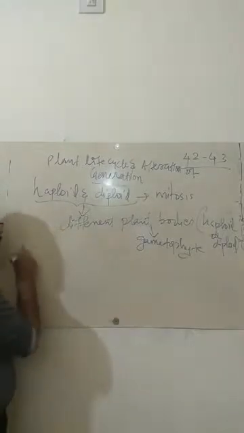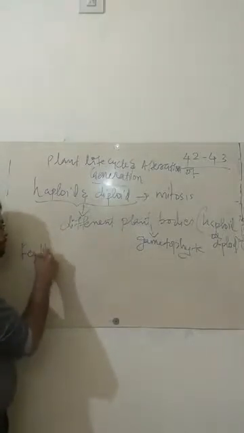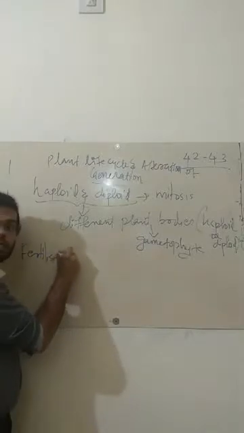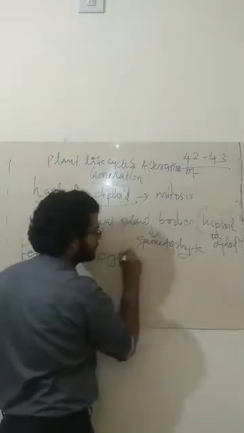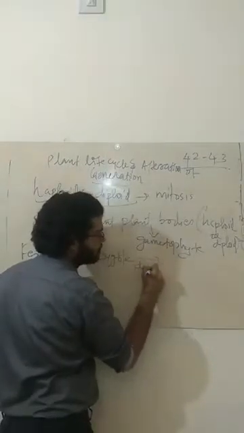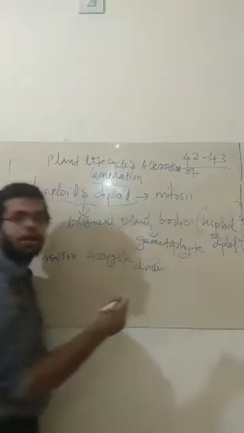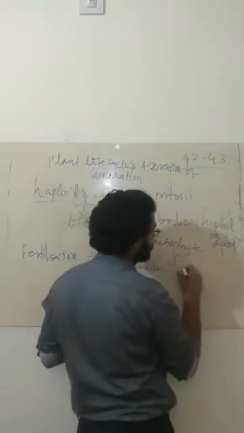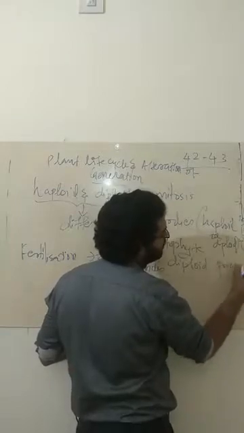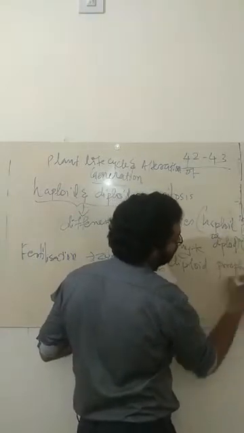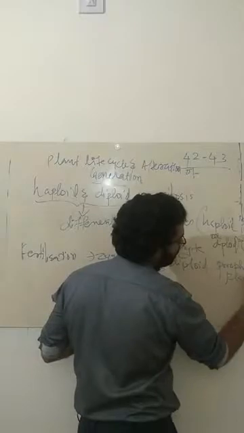So fertilization happens, and what happens following fertilization? It forms a zygote, and the zygote divides to form the sporophytic plant body.